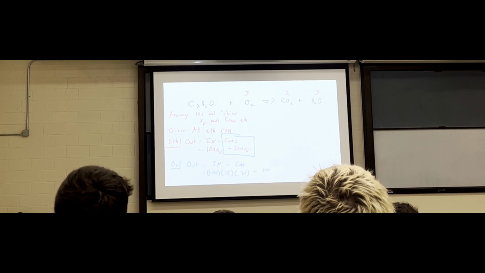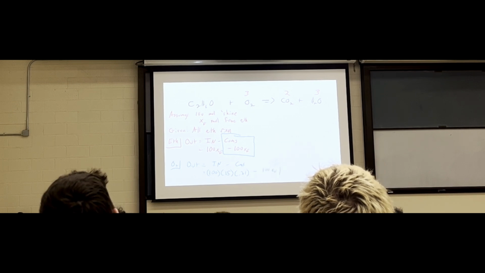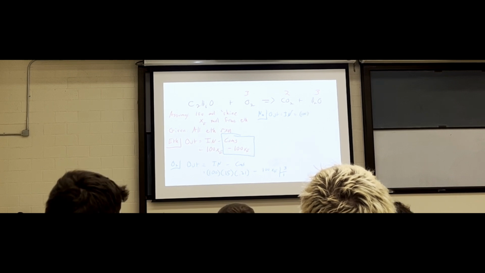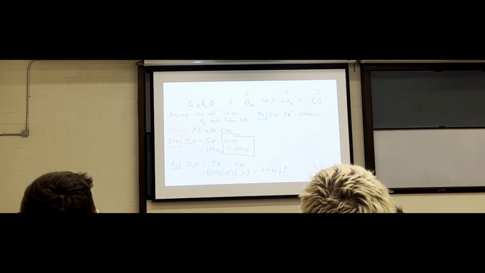And then I just do the stoichiometry between my stoichiometric key and oxygen. Then I take care of my inert. The same 100, times 15, times 0.79. Get out of here.